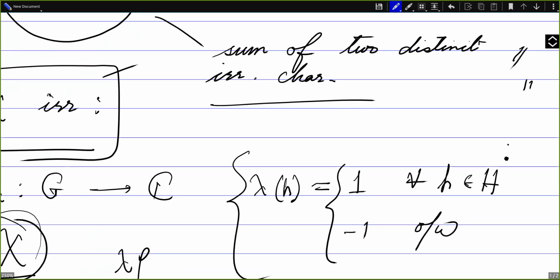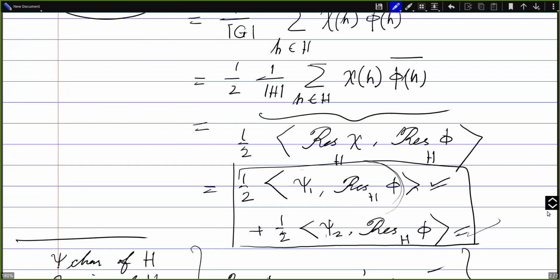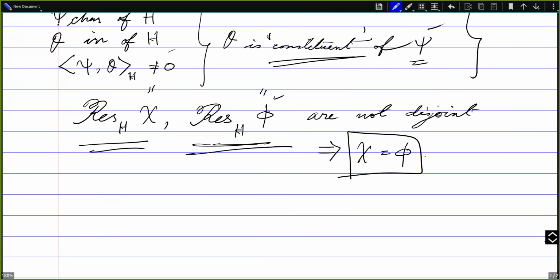We will now quickly summarize and finish. So what do we have? First of all, whenever H is a subgroup of G, not necessarily normal, then we know that every irreducible character of H is a constituent of the restriction of some irreducible character of G. Okay, that's what we have seen earlier.